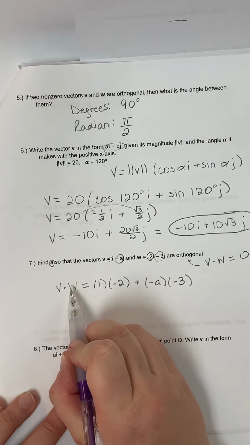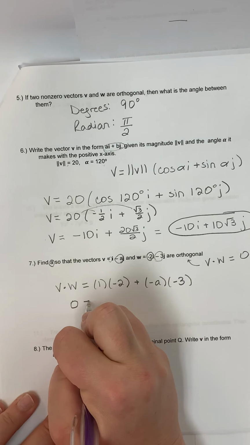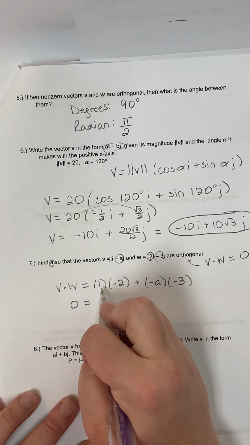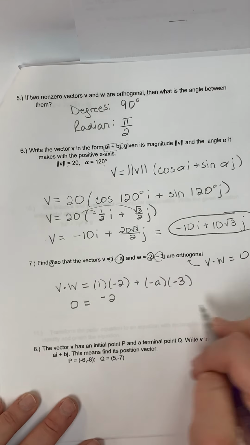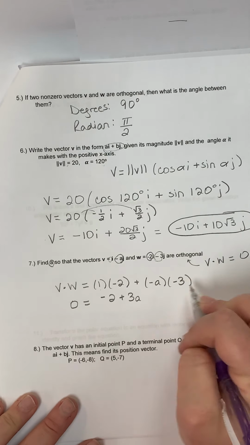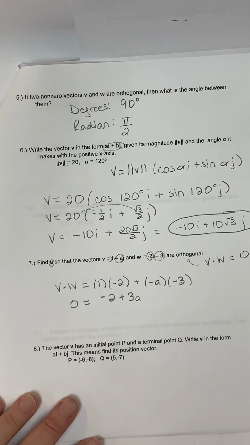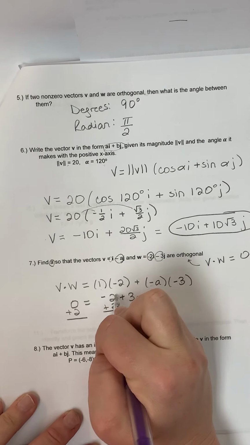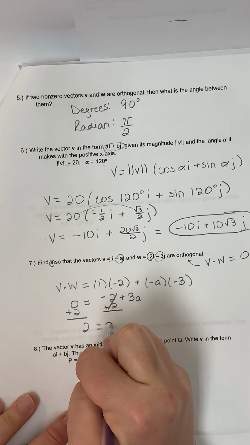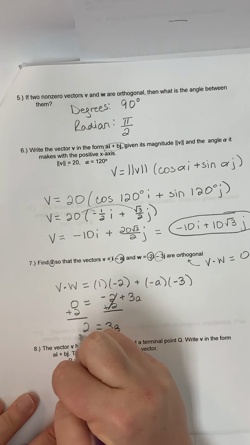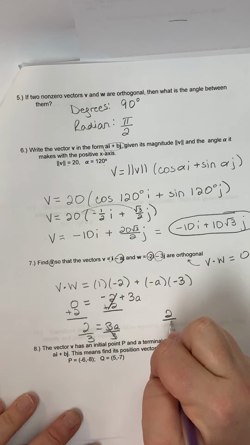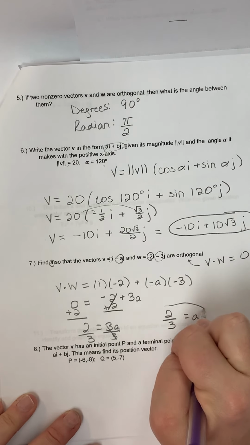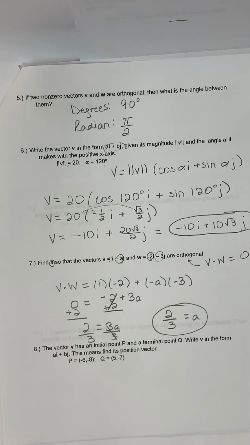Now we know the dot product itself is supposed to be 0, so I'm going to replace that side with 0. This is negative 2 plus 3a, because a negative and a negative make a positive. Now I just have a nice little linear equation. I'm going to add 2 to both sides and divide by 3. And my answer is 2/3.